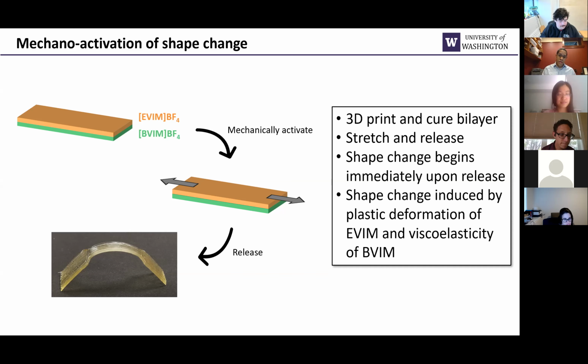It shows elastic recovery, versus this orange layer printed on top, which shows plastic deformation, so it permanently deforms, versus the green layer, which shows recovery. So if you take this bilayer construct, you stretch it and you let it go, that structure will now bend.